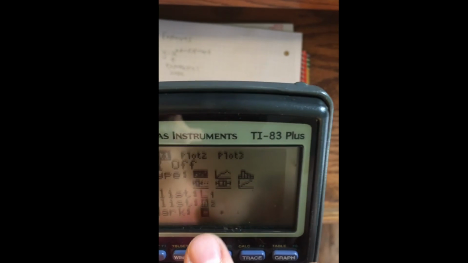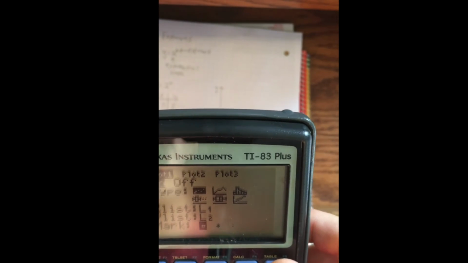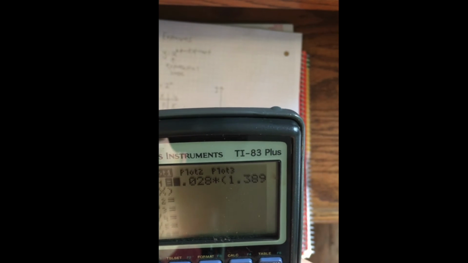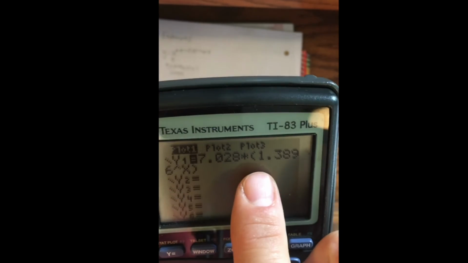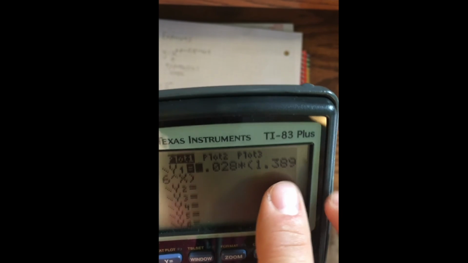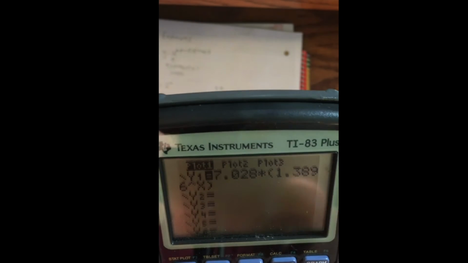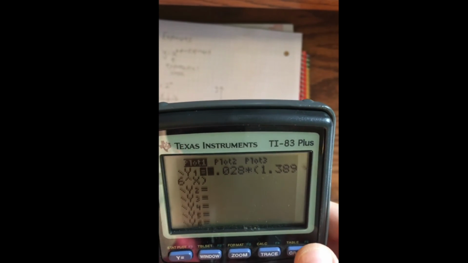And then the mark is going to be a little dot here. So you can at least see what the graph looks like if you graph it. Now I'm going to go ahead and put in the equation, just rounded to 3 decimal places. And the little caret here is how you can put the exponent in the calculator. All right, and we'll graph.